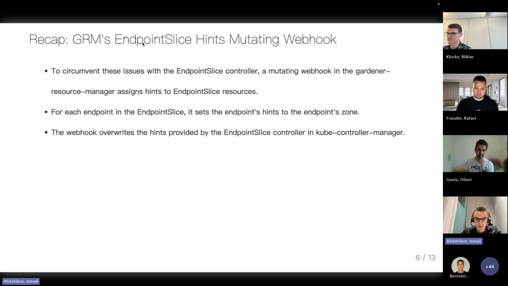Basically, we were always setting the zone of the endpoint in the endpoint slice as a hint within the same resource. In this way, we were ensuring the use case that we wanted.